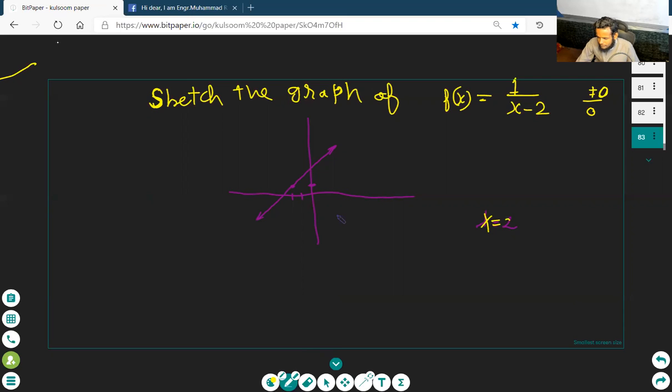It's vertical. First make the asymptotes, okay? And do not make this line. First make the asymptotes. Make vertical asymptotes first, okay? Can you make it?